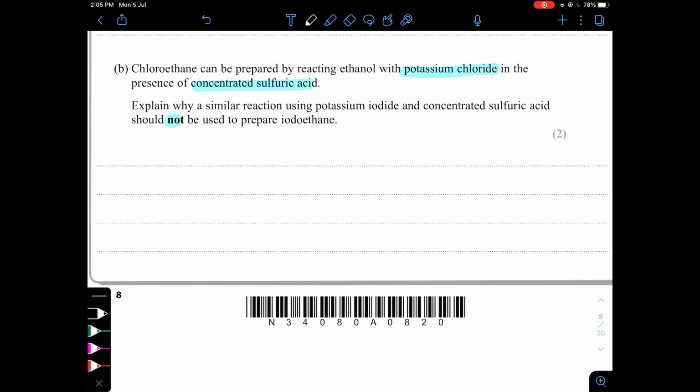The key thing here is we need to talk about the difference between KI and KCl, because the only difference here is the Cl and the I. We have replaced the chloride ion with the iodide ion, right?